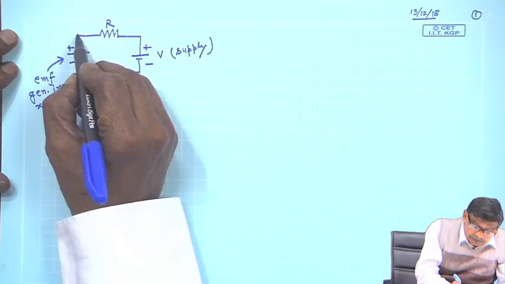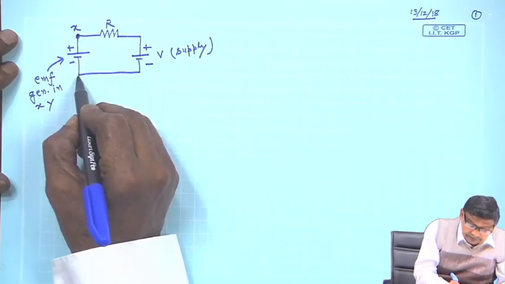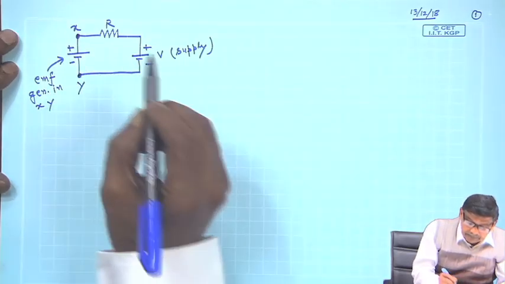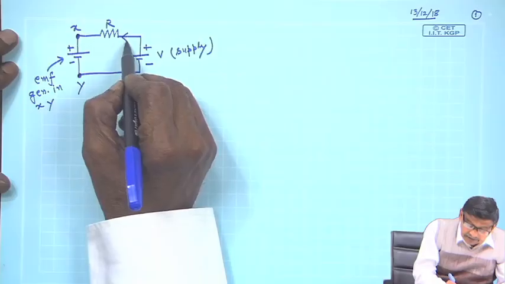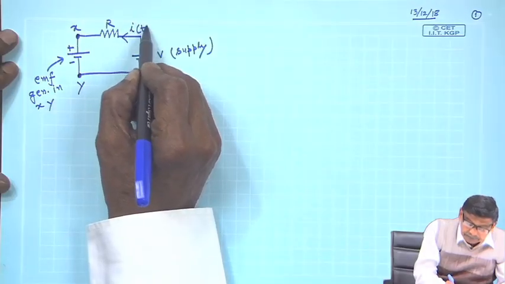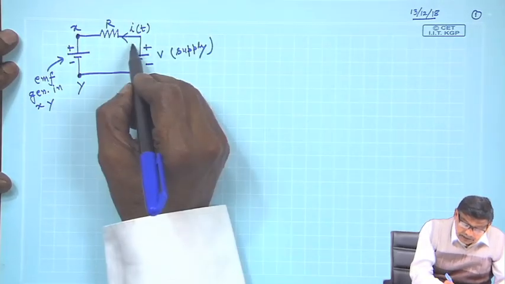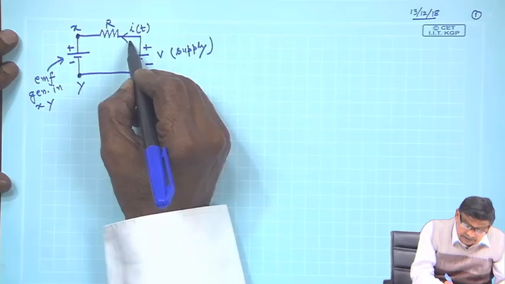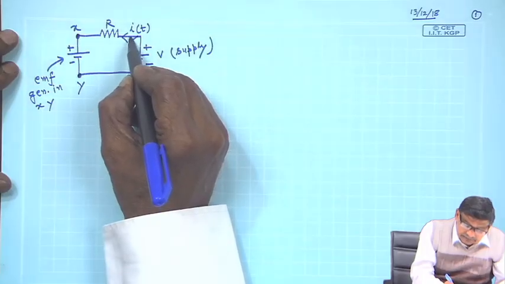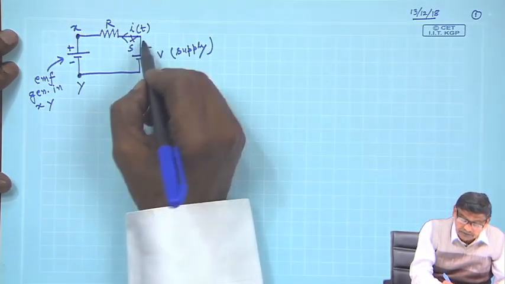This is your terminal x, this is your terminal y, and this is the current. And as I told you, there was a switch S here, which I closed at t equal to 0.